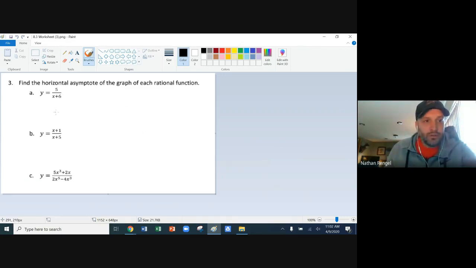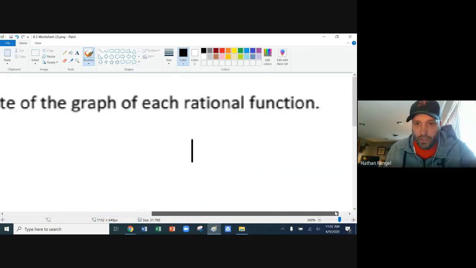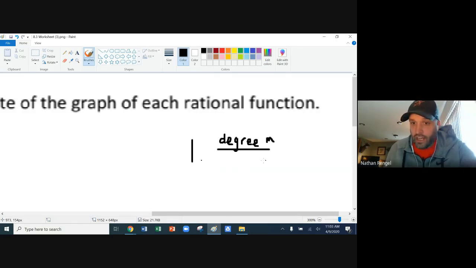So that we have a reference, I don't really have a ton of room. Just off to the side here, I'm just going to put the 3 scenarios. So 3 things can happen. Let me zoom in a little bit. So number one, the first thing that can happen is the degree in your numerator, I'm going to call just degree m, so that's just your highest power in your numerator.